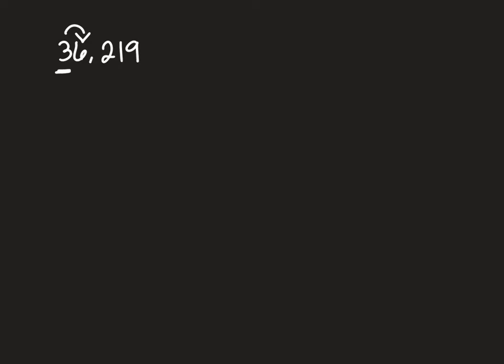Okay, so if I'm looking at the nearest 10,000, I know that this number is going to be between what two numbers? If I were ignoring all of the digits after the 3 and putting zeros there, what two numbers would this fall between? JJ? 30,000 and 40,000. Good.